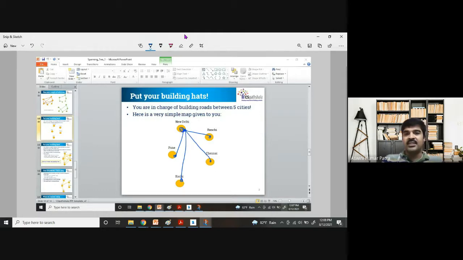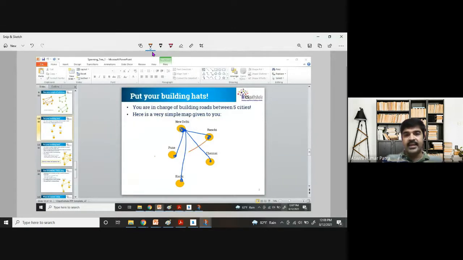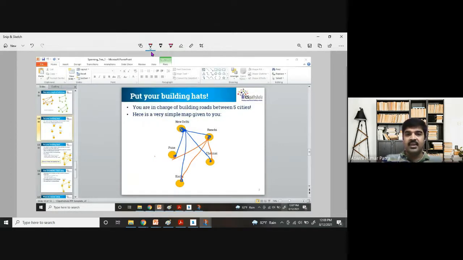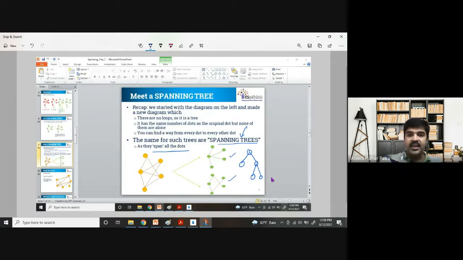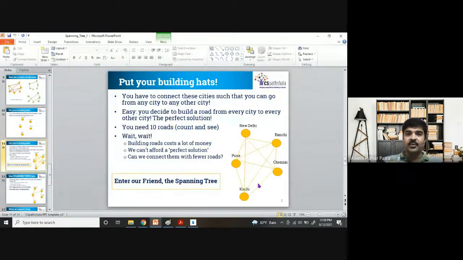So each city is connected to the rest of the cities. Now from here, I can connect this to this, then this to this. So I make sure that Ranchi is connected to all other cities. Then I can make another attempt to connect Pune to all the cities. Is it connected to all of them? No. So I connect here, then I connect to that, and now it is connected to all. If I do so by using a very simple logic, I will end up with 10 roads.